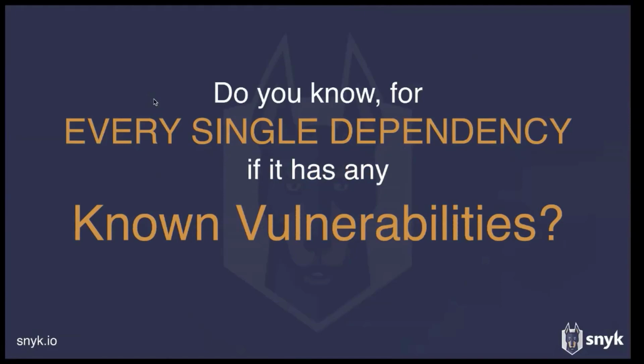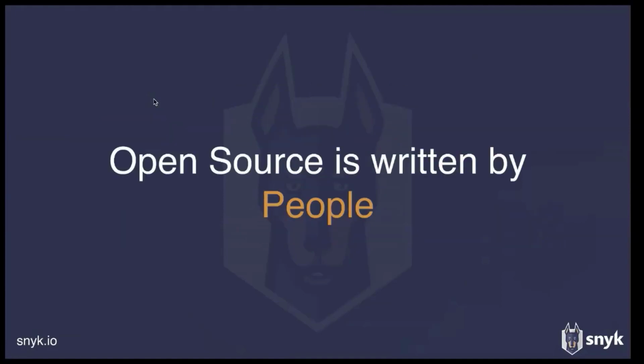And you're going to want to know about that because you want to stay ahead of everybody, right? You want to be the person that it's harder to hack. So open source is written by people.